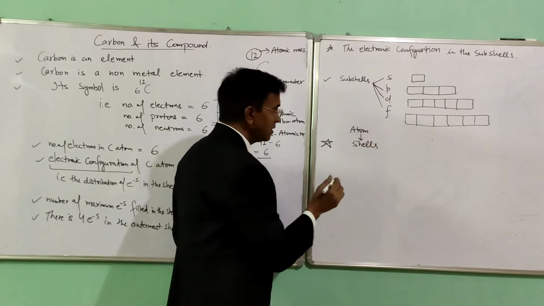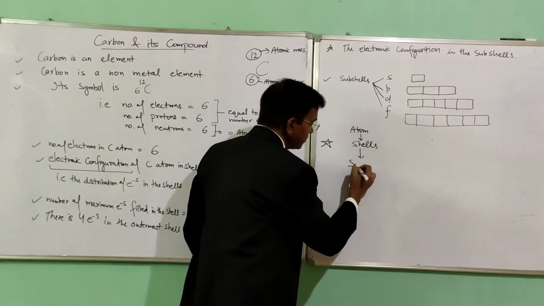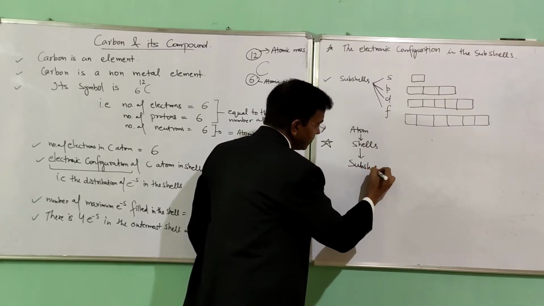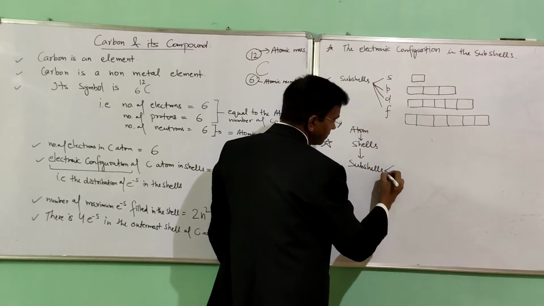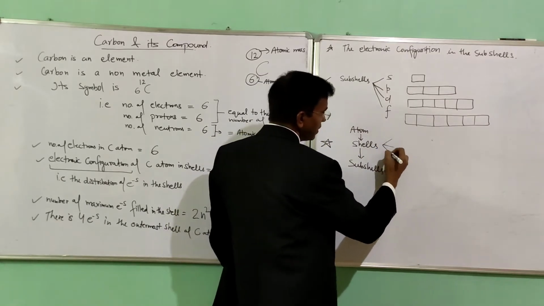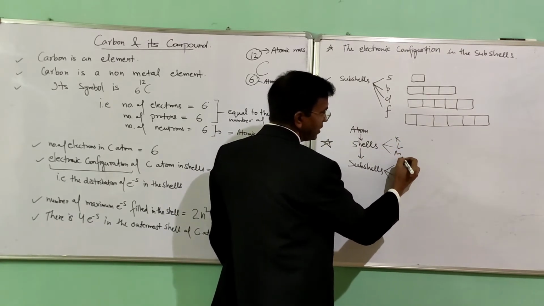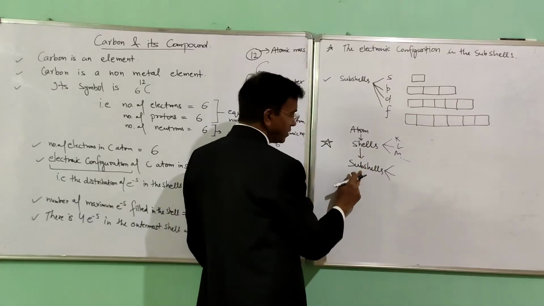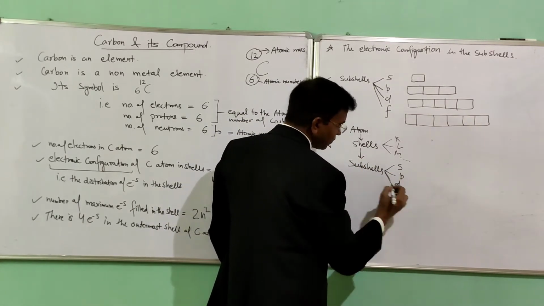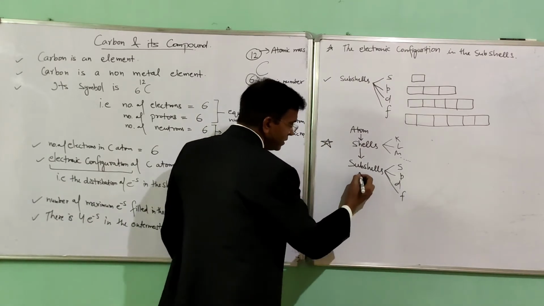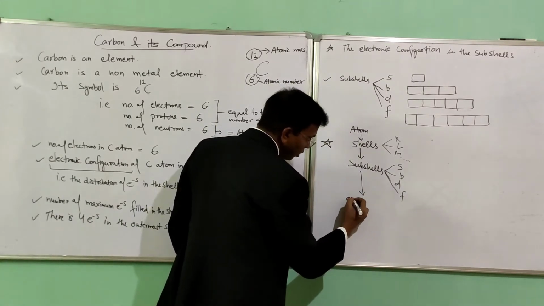In shells there are subshells. These shells are K, L, M and so on. Subshells are of 4 types: S, P, D and F. And in subshells there are orbitals.